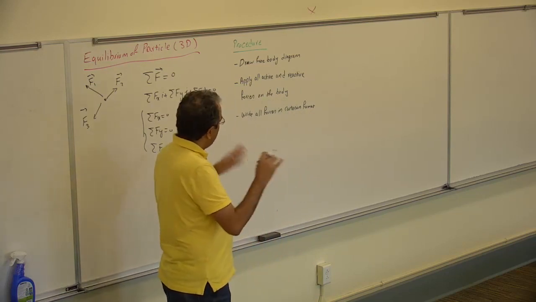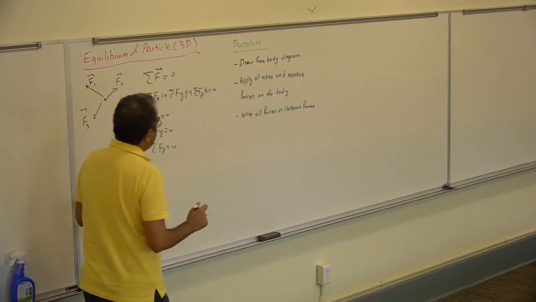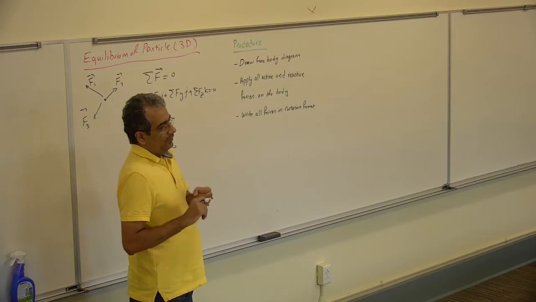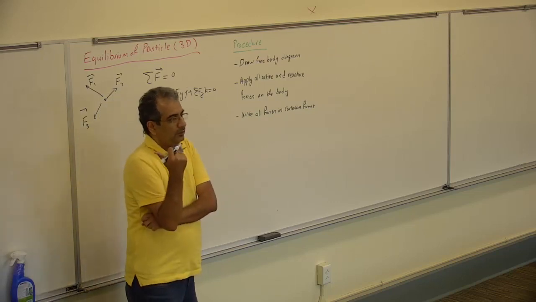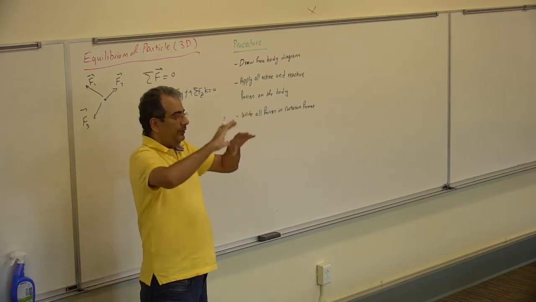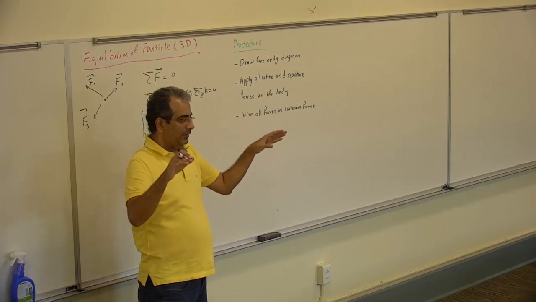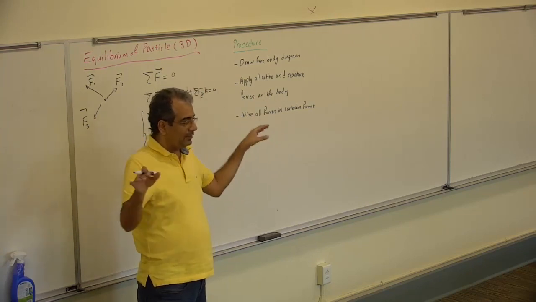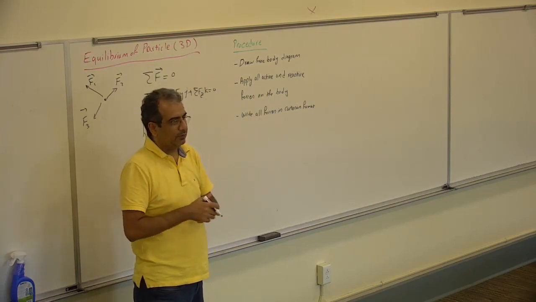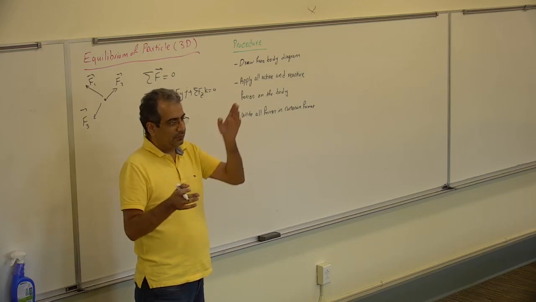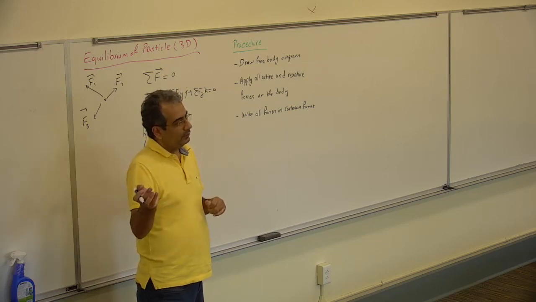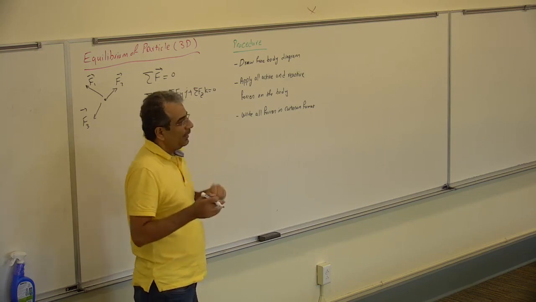When you have all the forces in Cartesian format, in 2D, what will be done? In 2D, you find a component along the x and along the y, then you cancel all along the x, cancel all along the y: sigma Fx = 0, sigma Fy = 0. Here, instead, we are going to write it as a vector.